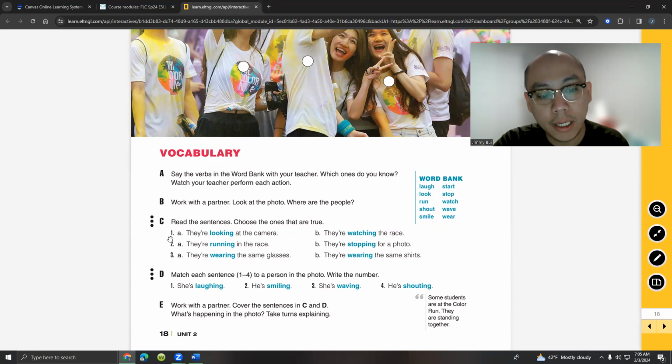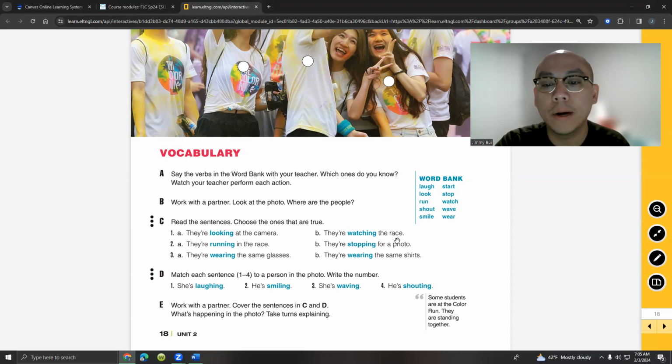Okay, so C, number 1, they're looking at the camera. Number 2, they're running in the race. They're wearing the same glasses.